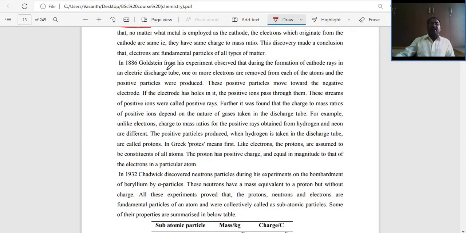In 1886, Goldstein, from his experiment, observed that during the formation of cathode rays in an electric discharge tube, one or more electrons are removed from atoms and positive particles were produced.